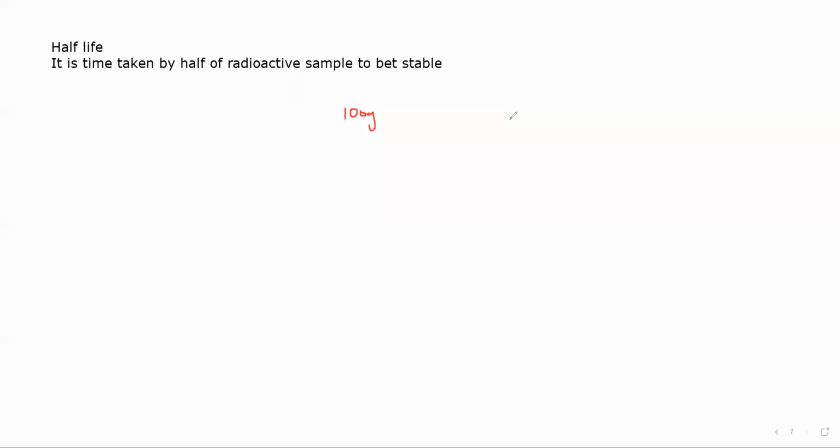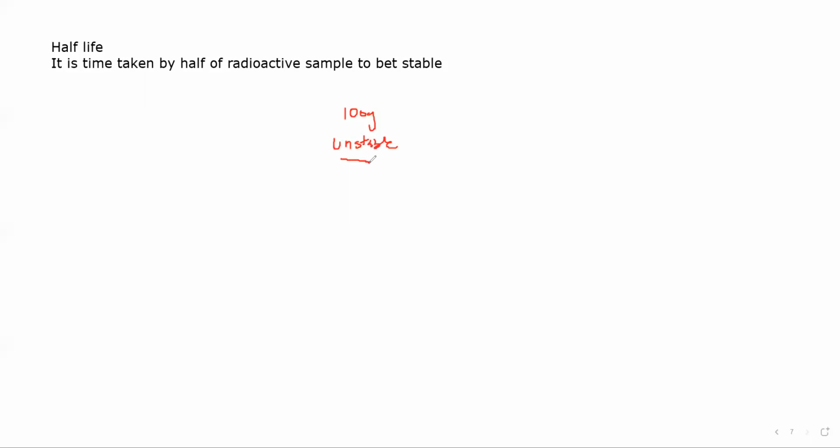Unstable means it is emitting out radiation. It is radioactive. What is half of 100? That's equal to 50. So basically, in the beginning, you have 100 grams of radioactive material, or I am writing unstable material, meaning emitting out radiation.